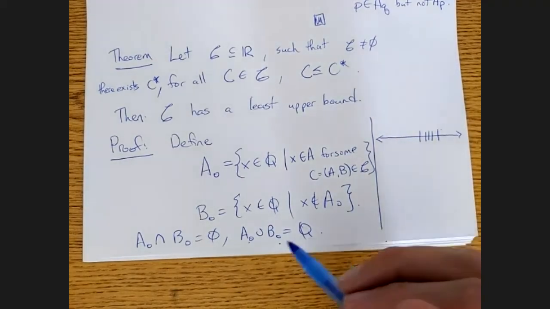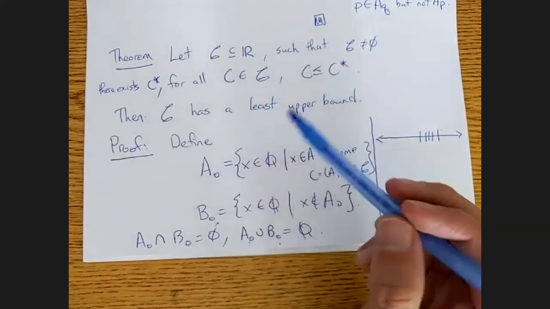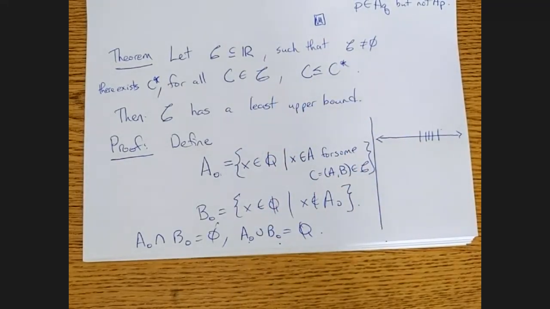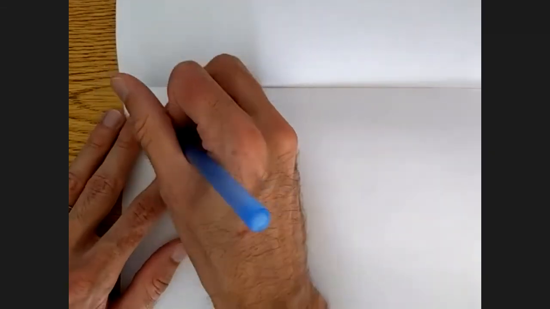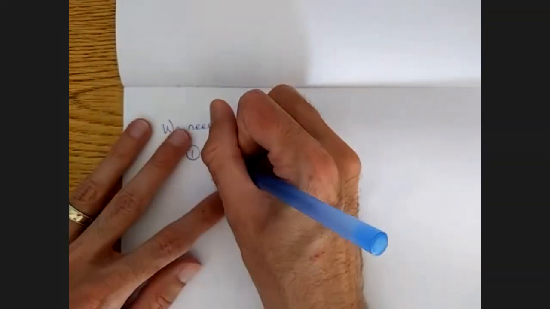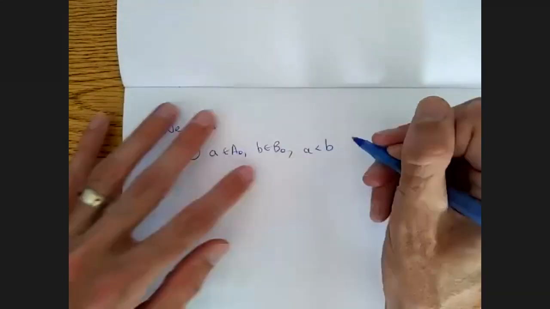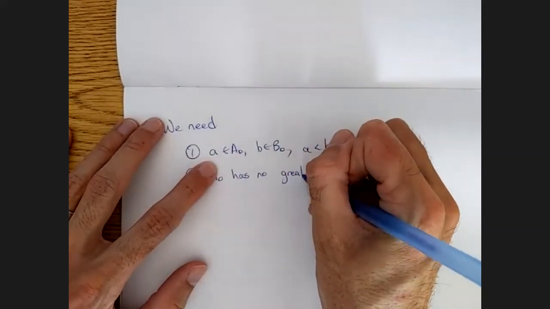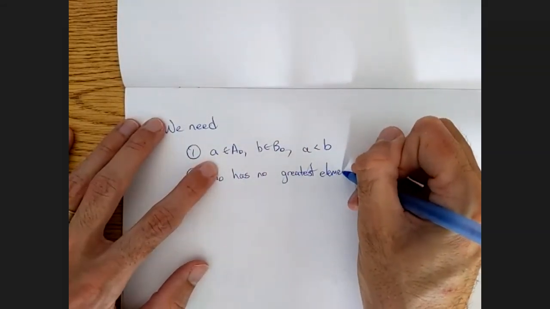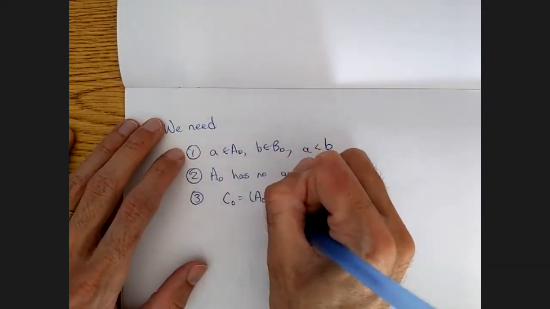Then we want to show that this cut is the least upper bound for C. Obviously I can't do all of that in 3 minutes, but the first thing is to show that for all A in A naught and B in B naught, A is less than B. Second, A naught has no greatest element. And once we do that, that'll tell us that C naught is a real number.